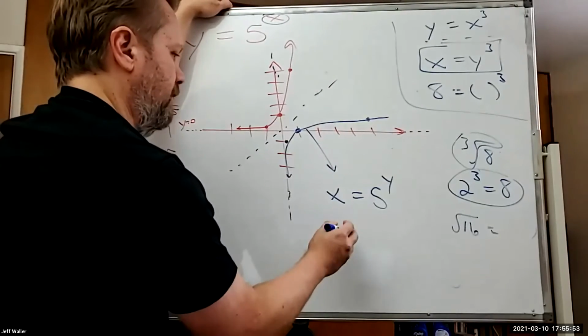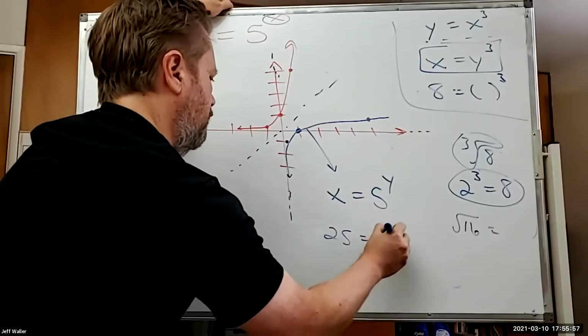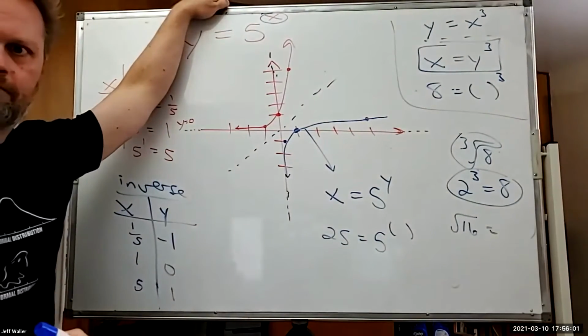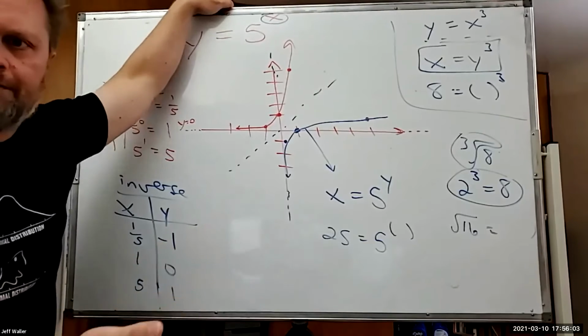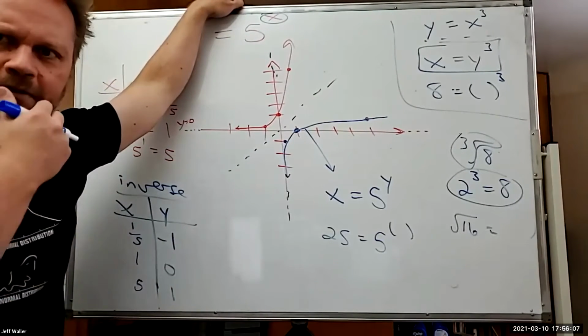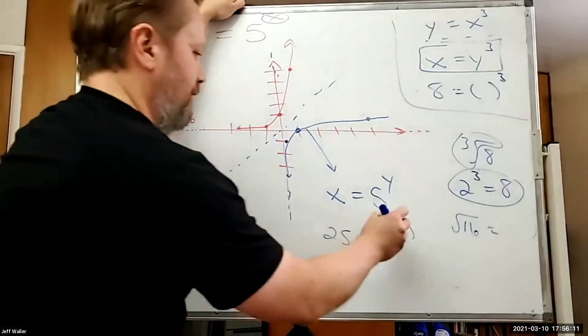If I said 25 equals 5 to the what? The answer would be 2.